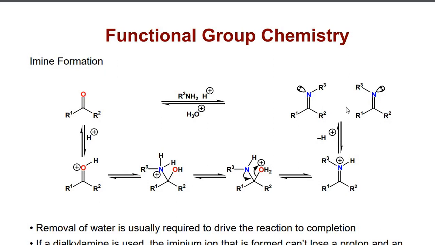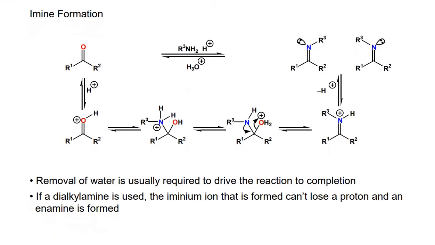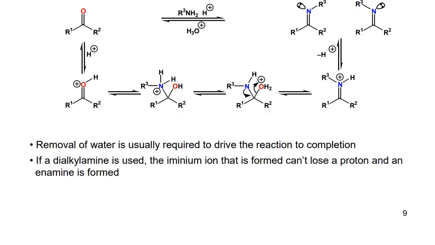It undergoes reactions in equilibrium in acidic medium, forming this positive charge, and then you can see here the loss of water, and then it is in equilibrium in this form, and this form. So the removal of water is usually required to drive the reactions to completion.